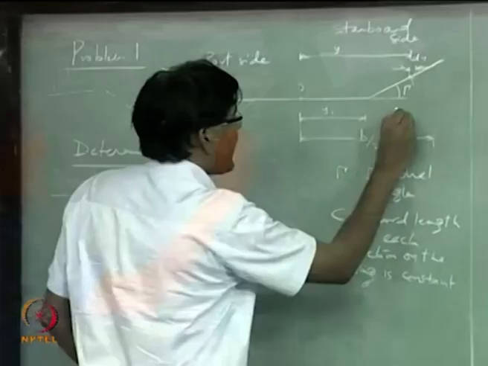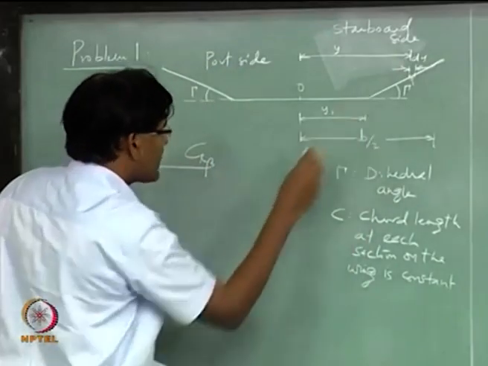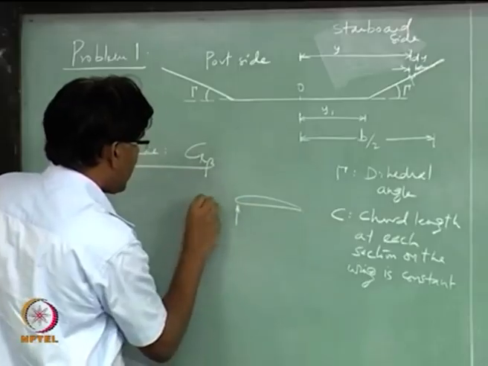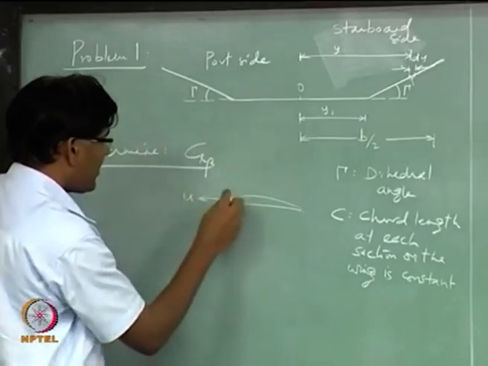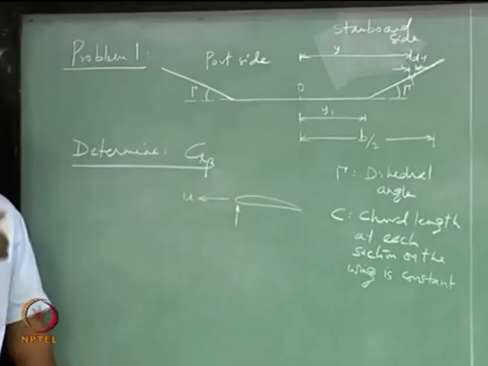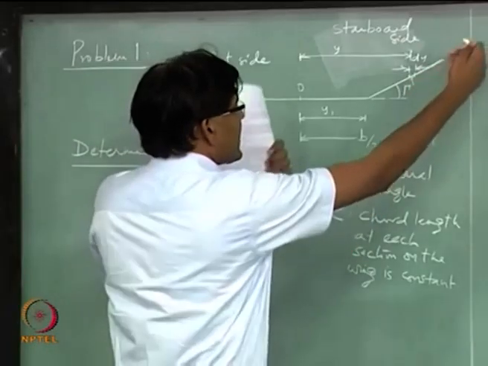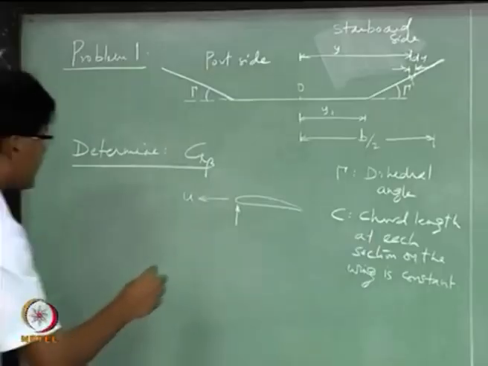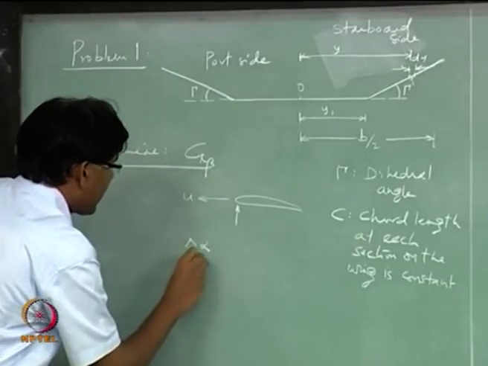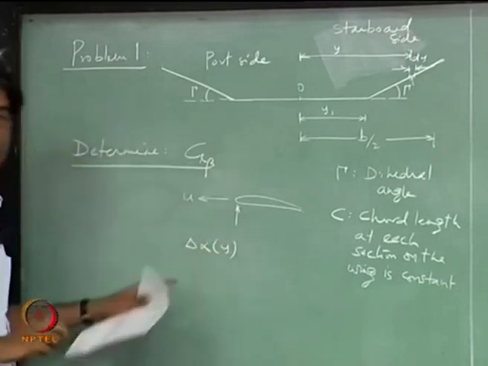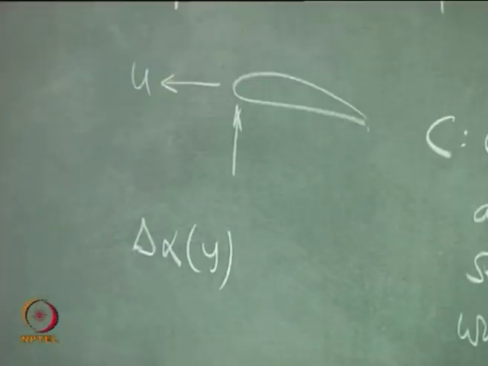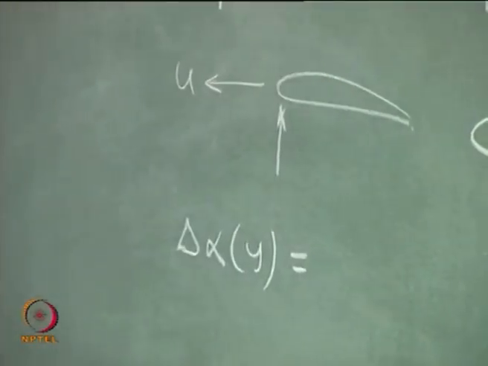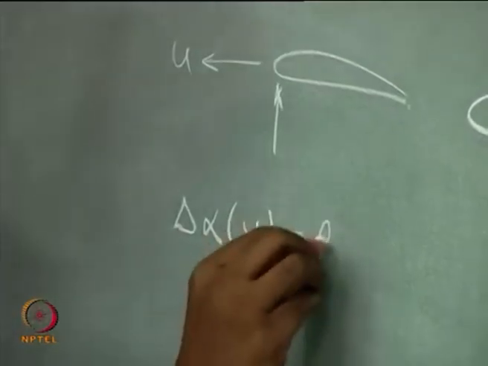So, this angle of attack that you will see on this section is a positive angle of attack, right, because the wind coming from this side, positive side slip. So, delta alpha at y, location y, is beta into the dihedral angle, right.